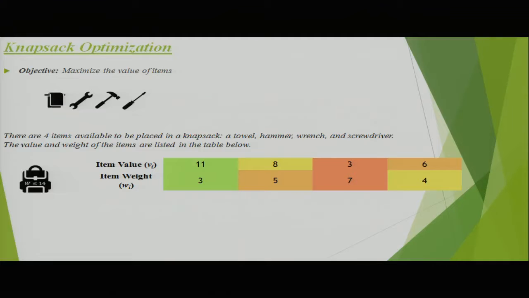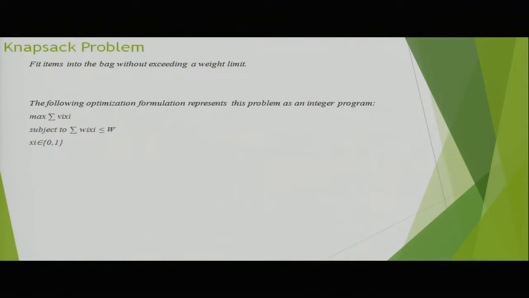For i equal to 1 to n, you have to maximize vi xi, correct? And what's the constraint? Subject to wi xi should be lesser than, in this case, a big W, correct? Where xi is either 0 or 1, okay?